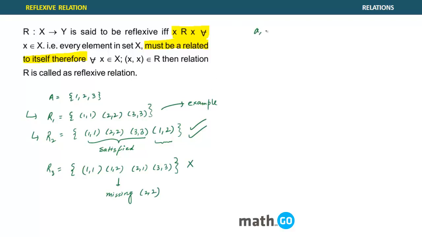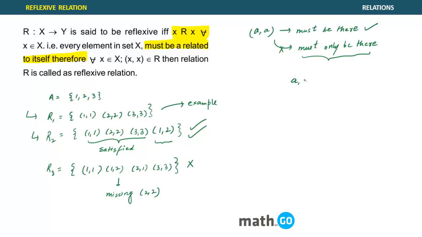A comma A must be there, this is the definition, but it has not said that only these must be there. So understand this difference. It must be there, this is required, but it is not necessary that only they will be there, that no other pair could be there. Got it? So this is what you mean by reflexive.